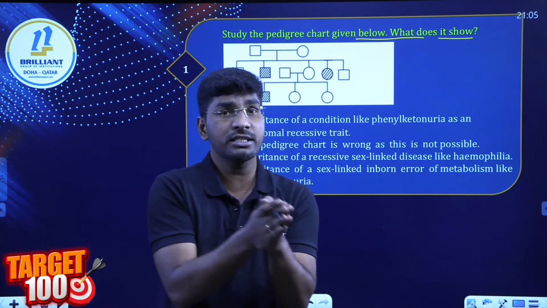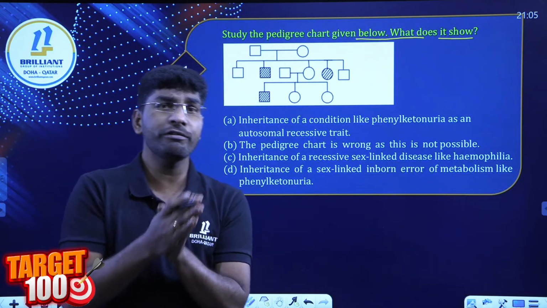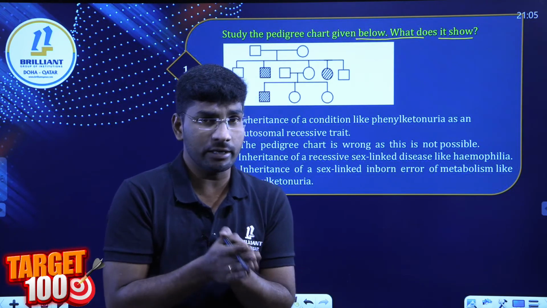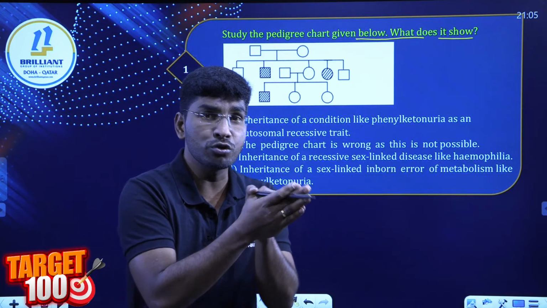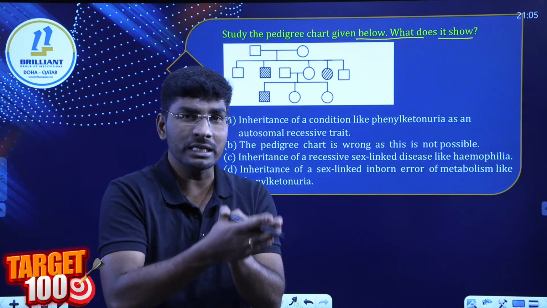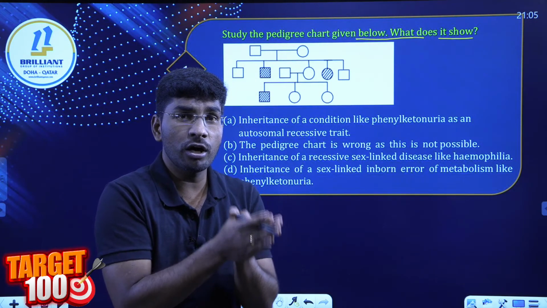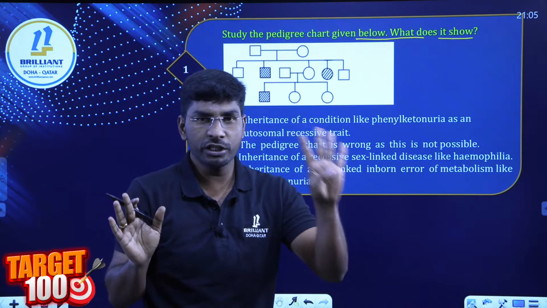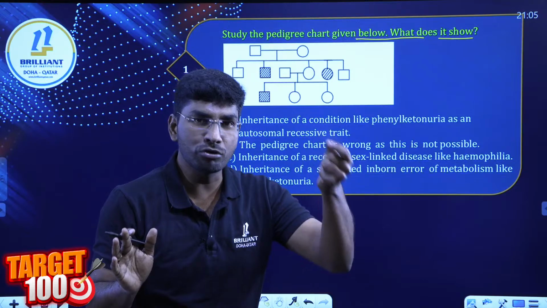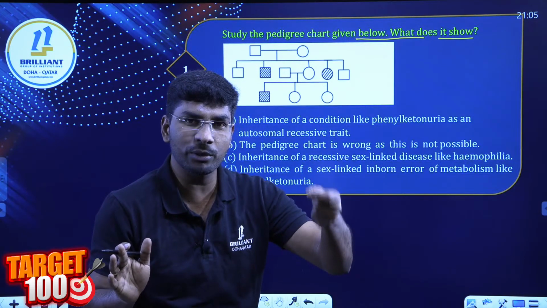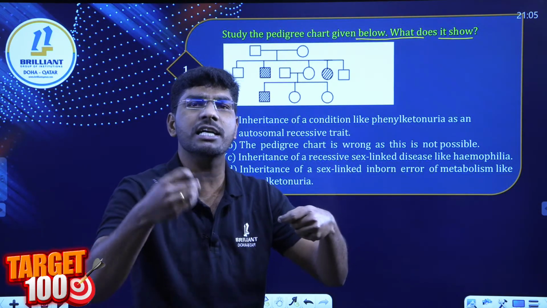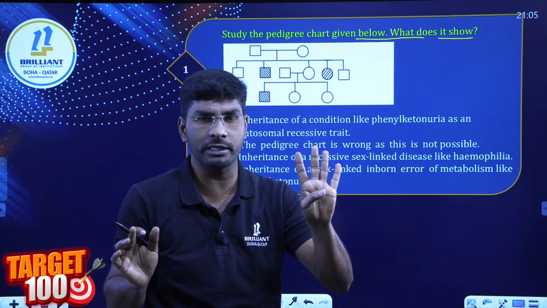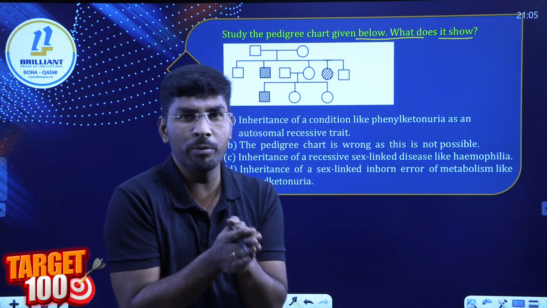There are only 4 different types of pedigree analysis: autosomal dominant, autosomal recessive, sex-linked recessive, and sex-linked dominant. Only these 4 are there. There are 4 major problems that can come.